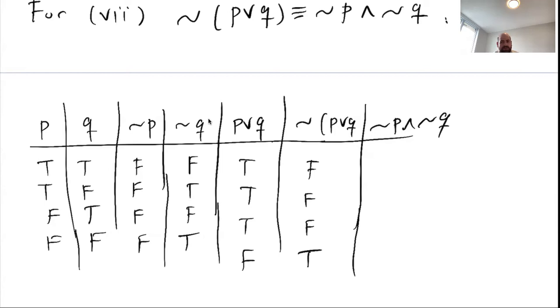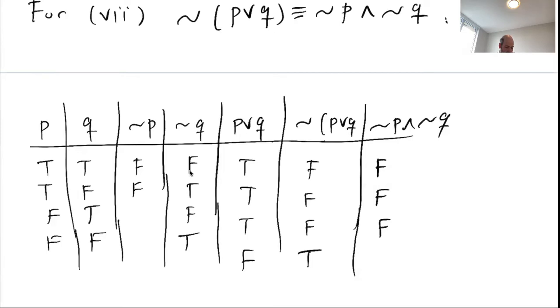In that case, it will be true. So if both the first one and second one are true, true and true will be true. Otherwise, it's false. So let's look. In the first row, I have false and false, which is obviously false. Second row, false and true, false. False and false, false. Oh, sorry. So this one, negation P.